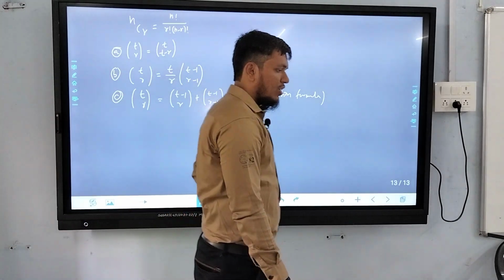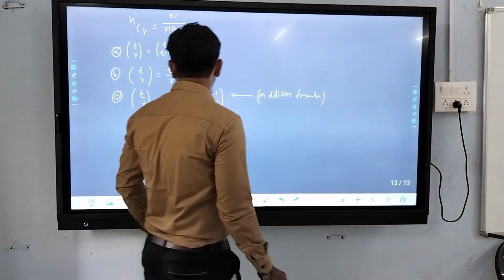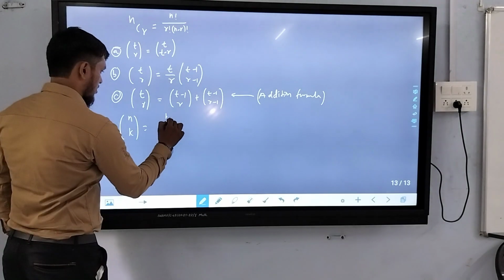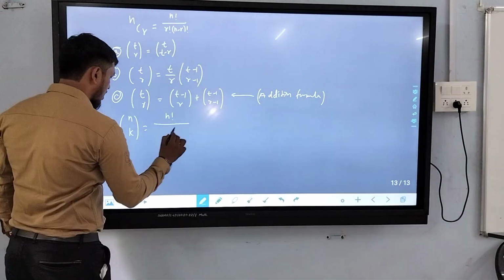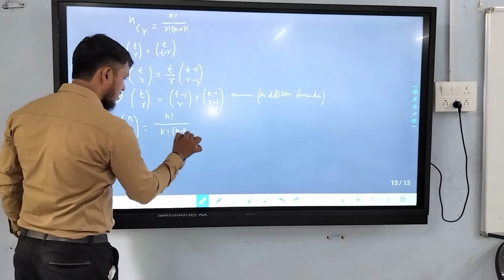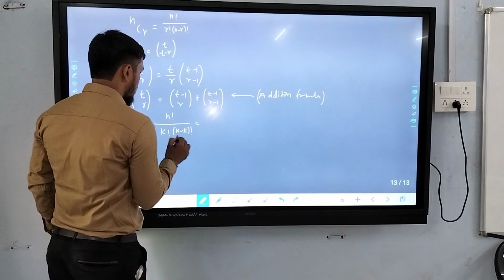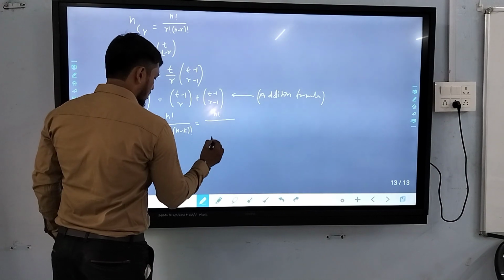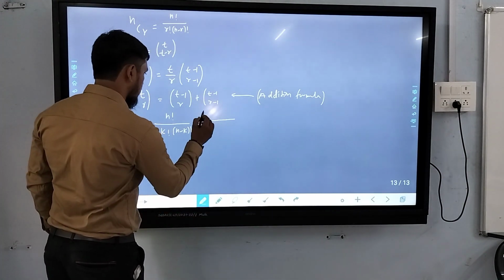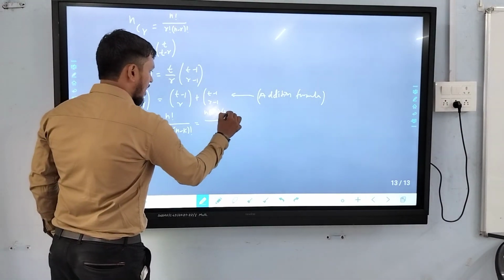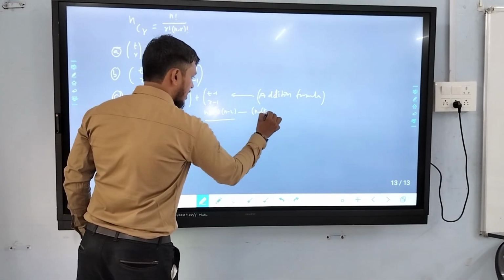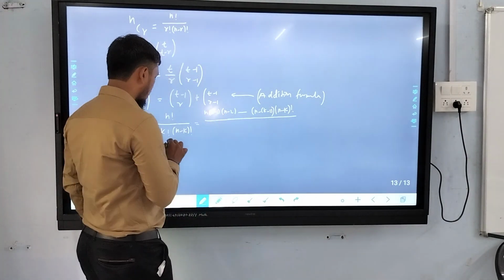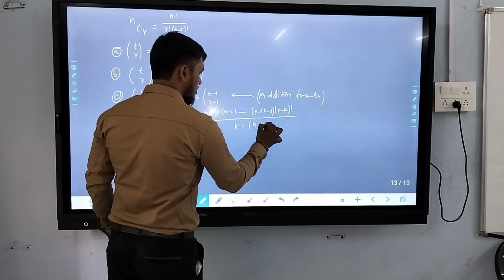Now we will find the value of NCK. By this result, we can write n factorial upon k factorial and n minus k factorial. So this is equal to n factorial upon, where this n factorial can be written as n into n minus 1, n minus 2 and so on, up to n minus k factorial, and this is k factorial and n minus k factorial.